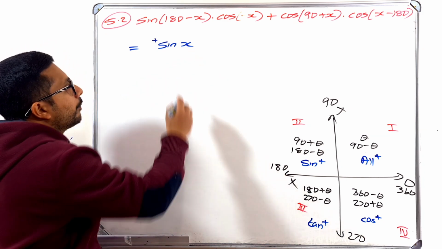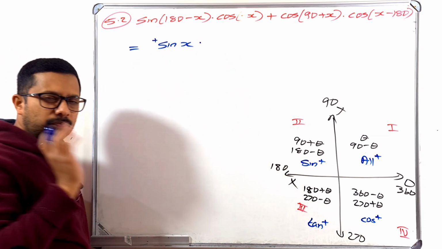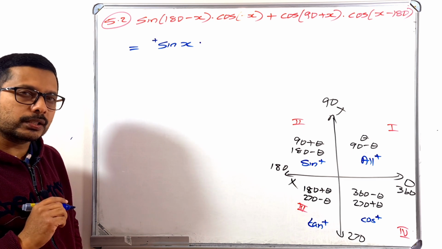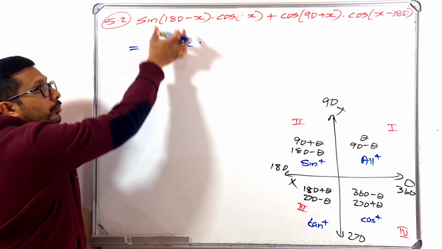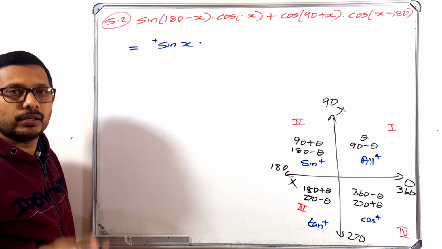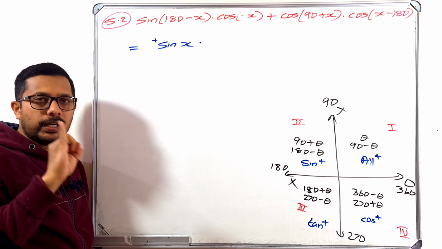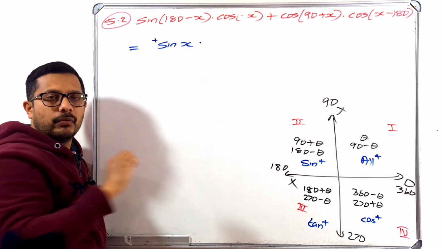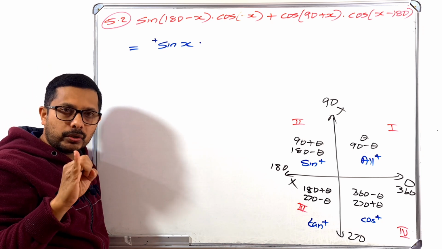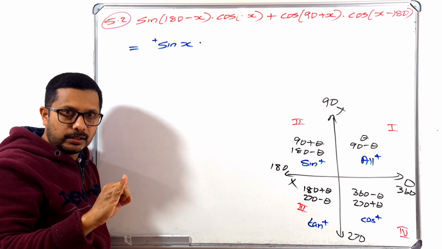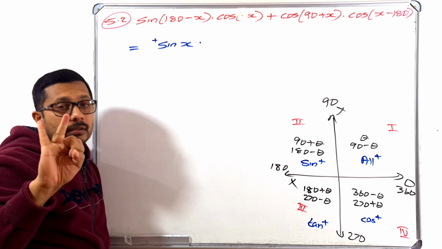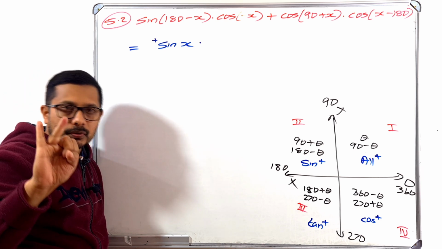Listen once more. What are the questions you have to ask yourself to do this without any mistake? First question: 180 minus x is in which quadrant? Second quadrant. Second question: in the second quadrant, what is positive?